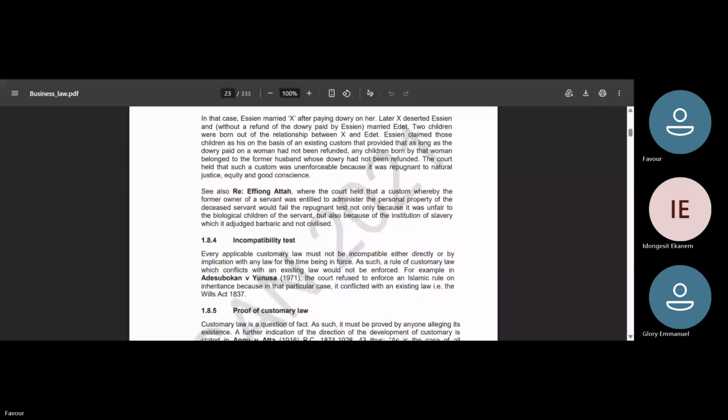And as such, customs cannot be administered by the court. These are the tests customary laws have to pass to be recognized by the court.